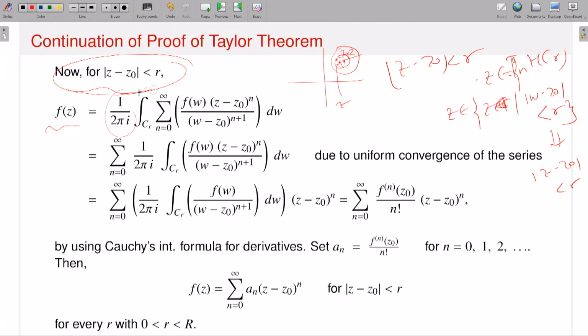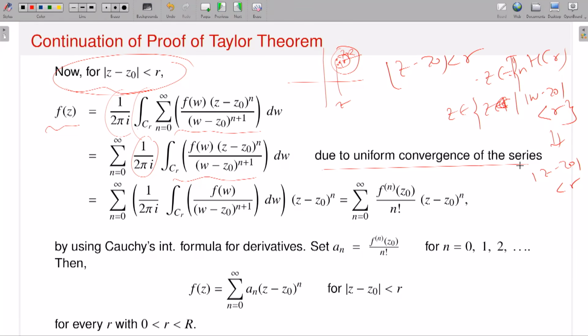So now I have an integration on the left hand side of the summation of this series, but I just proved that this series converges uniformly on CR. So therefore I can push the integration inside the summation. So 2 pi i as it is. I am pushing the integration inside the summation, due to the uniform convergence of my series.